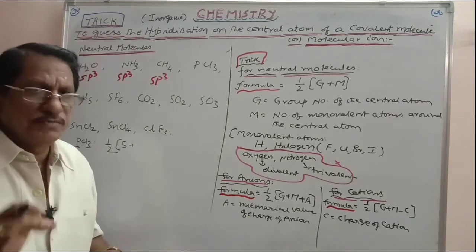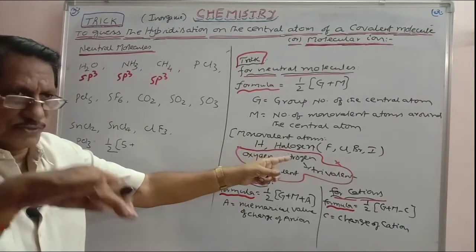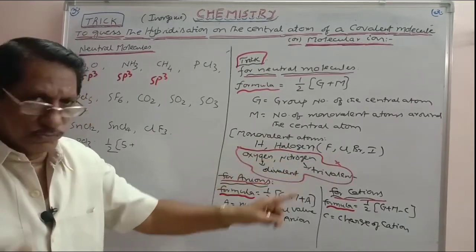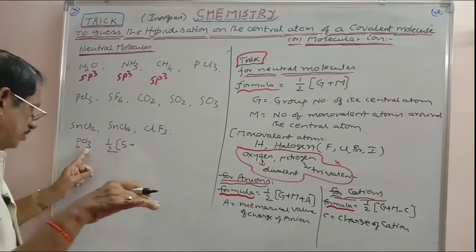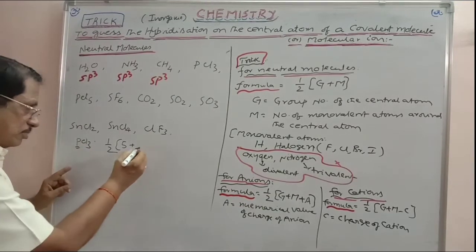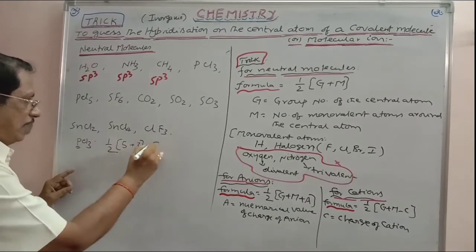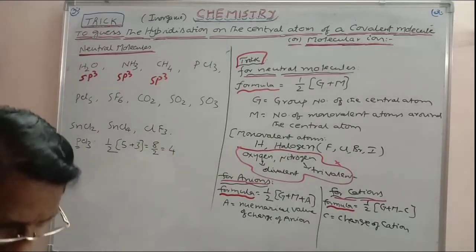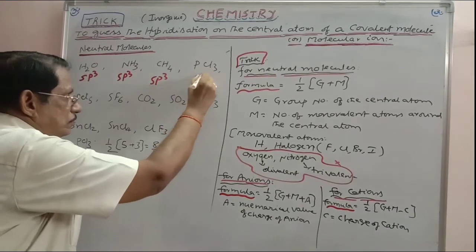Chlorine is not the central atom here; it is a surrounding atom. For all the halogens, when they are surrounding atoms, the valency is 1, so they are treated as monovalent atoms. The number of monovalent atoms is equal to 3 here, so M is 3. 5 plus 3, 8 by 2, once again 4. So we are getting sp3 hybridization once again.